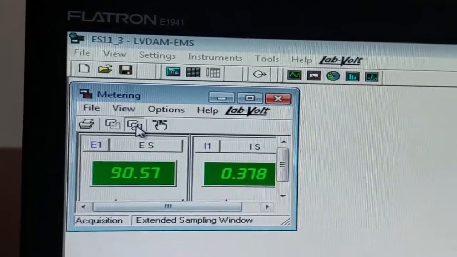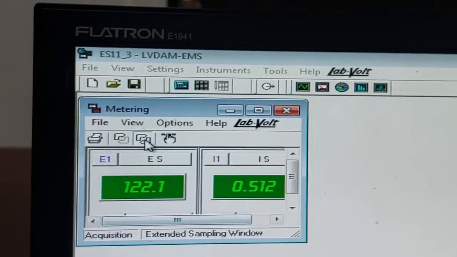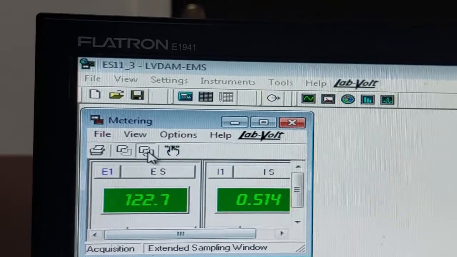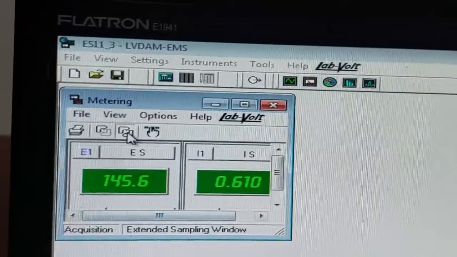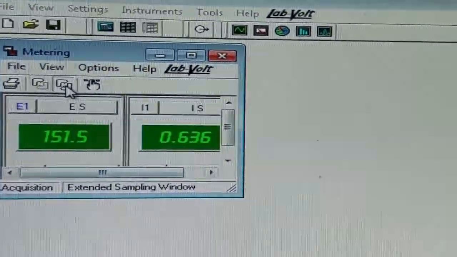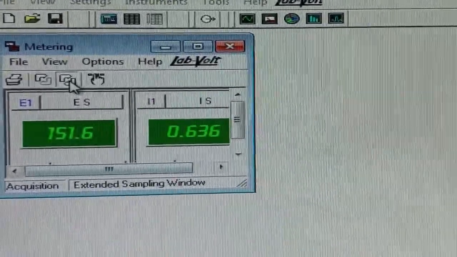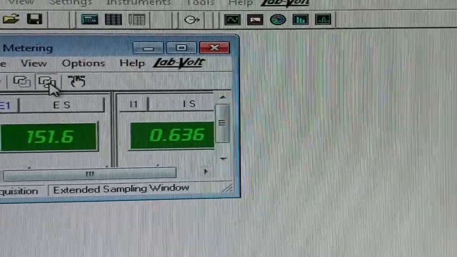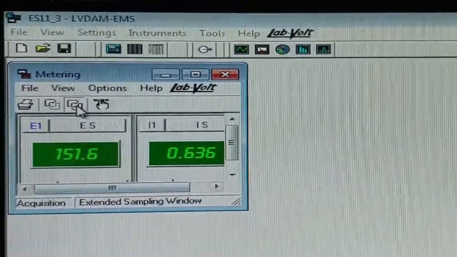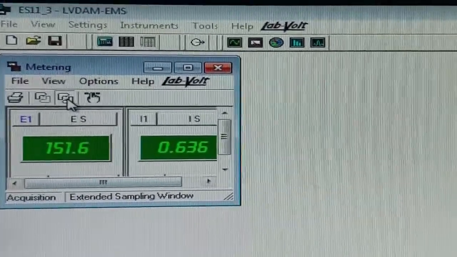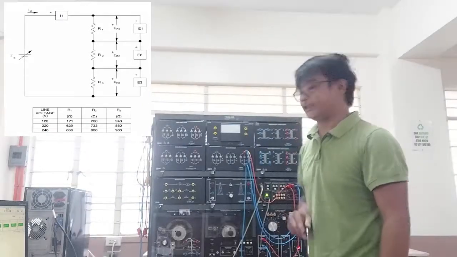So V is equal to IR. Okay. So, tabulate nyo lang guys. The final voltage is 151.6 volts and 0.636. So after our first and second procedure, third procedure tayo.